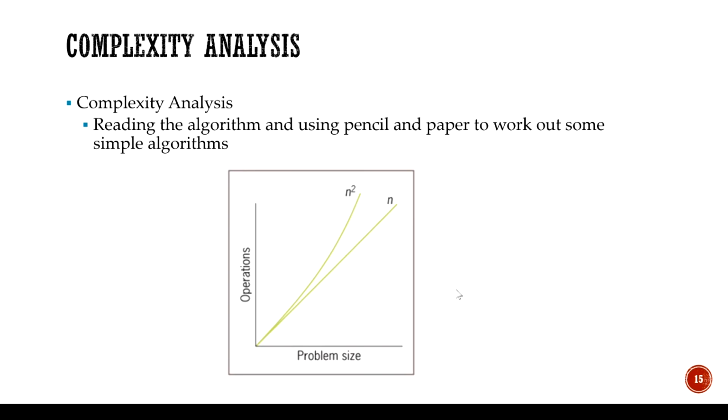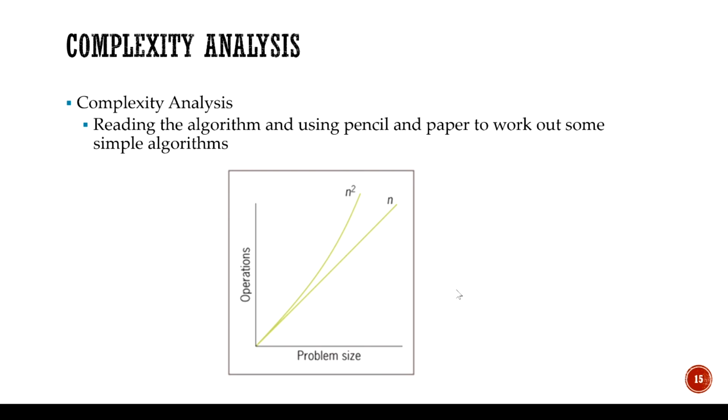A little bit about complexity analysis. You can plot the running time for your algorithms. On the x-axis you see the problem size, so you increase the problem size, and on the y-axis you show the running time. Then you can look at the behavior.